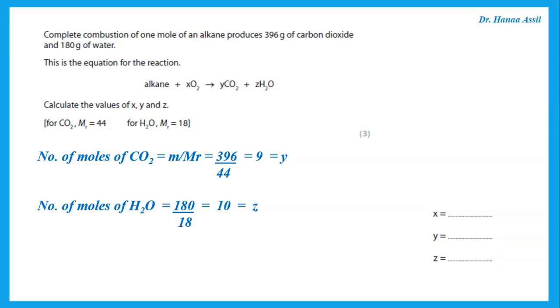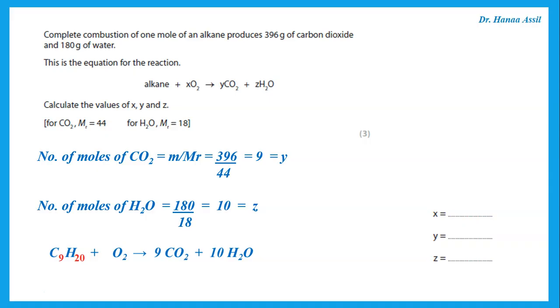Now, can I use that to complete the equation? I have an alkane. Alkane means carbon and hydrogen. So if after the arrow I have 9 carbons, that means I started with 9 carbons. After the arrow I have 10 H2O. That means 2 times 10. I have 20 hydrogens in my alkane.